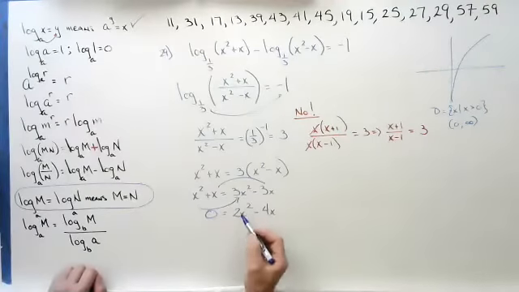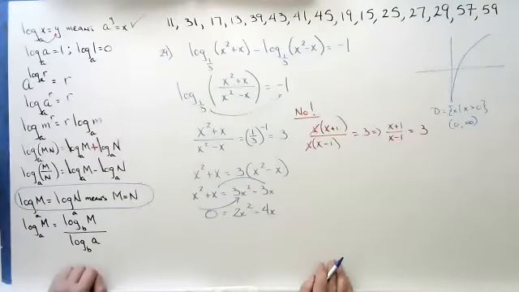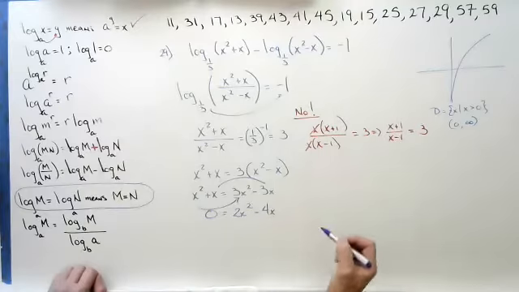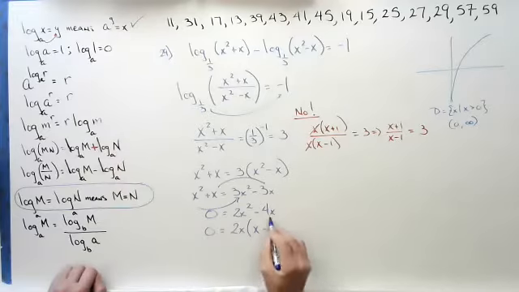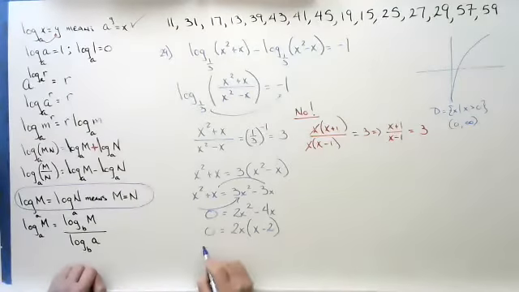See, this is a quadratic. It's supposed to have two answers. If you cancel one of those out, you're going to eliminate an answer. Now, we know what this is, right? Look what ended up being one of our answers.